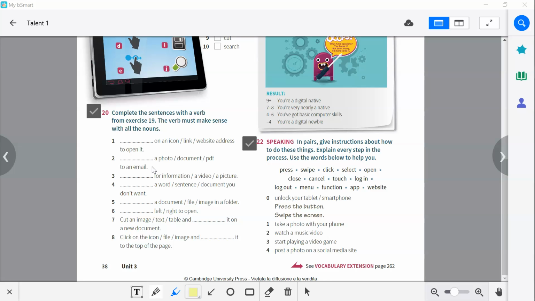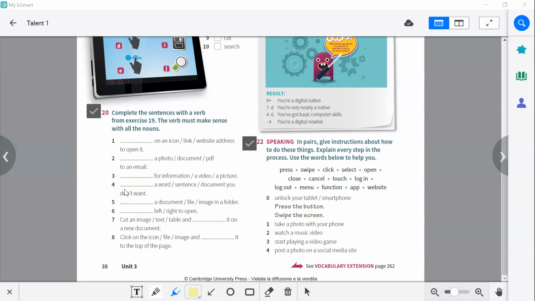So the right verb is attach, attaccare, allegare, better. Number 3, for information, a video, a picture, and we search for information. Remember, search for, okay? So it is a phrasal verb, again, search for means ricercare.